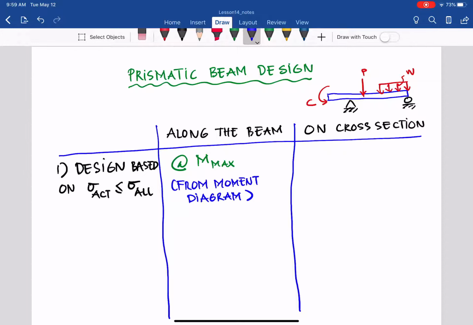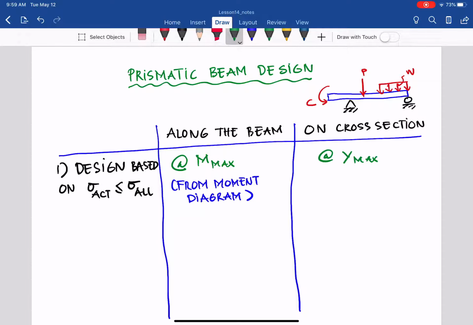The flexural stress due to the internal bending moment is maximum at the outermost fiber. So we have to determine it at the outermost fiber, at y max. What is y max?